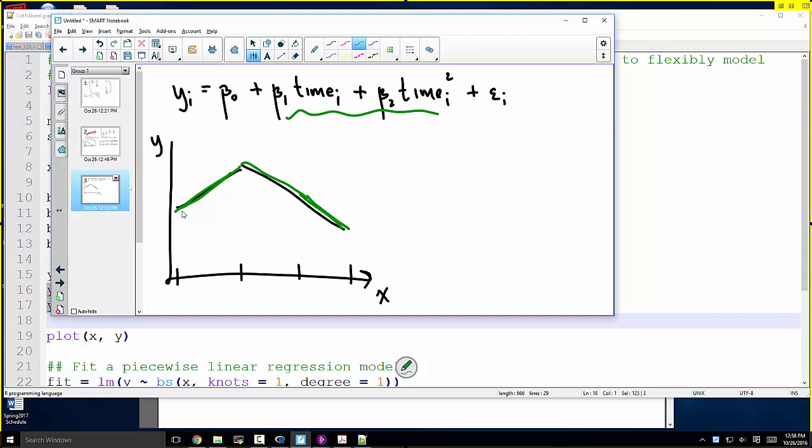How can you have a model that allows for there to be one line there and a different line there? The key technical issue is making sure that we have these two lines that join up at the boundaries.